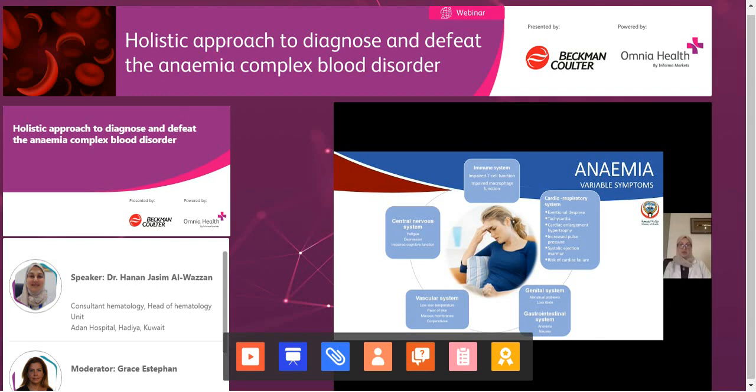Sometimes they present with heart failure. They can have CNS symptoms like fatigue, depression, decreased cognitive function. They can have genital symptoms like decreased libido or menstrual disturbances. They can also have vascular symptoms and gastrointestinal symptoms.